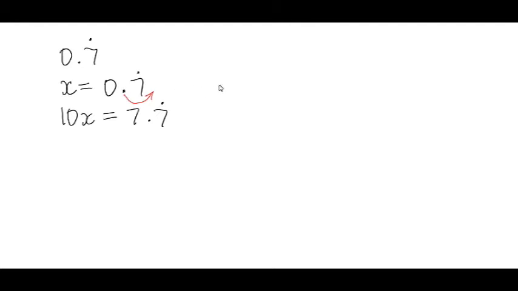Well, remember that this here is 0.7777 and it goes on. If we just move the decimal point and put it there, we get 7.7777, or 7.7 recurring. So what was formerly a recurring digit has now just become a normal digit, and that's where we get this from.